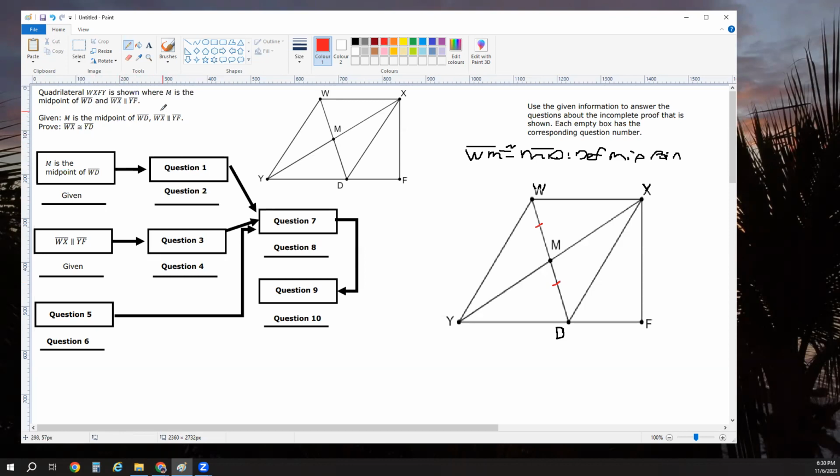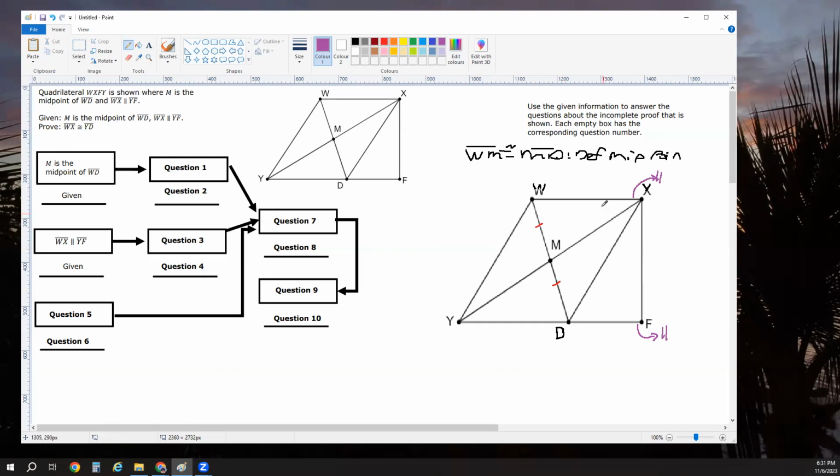And then it says that WX is parallel to YF. So I'm going to write it this way, parallel, so I don't mistake it with congruent lines. Okay.